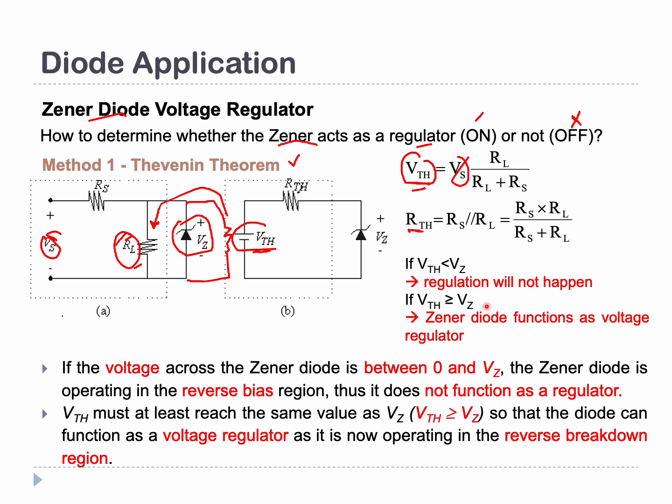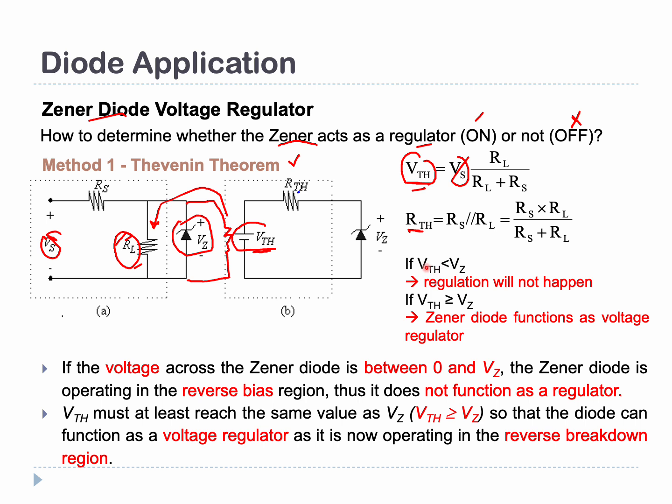Now how do we determine whether the Zener is on or off? If the value of V Thevenin, the one that we have calculated earlier, is lesser than the operational voltage VZ, you don't have to worry, because usually VZ will be provided to you, and they ask you whether the Zener is on or off.